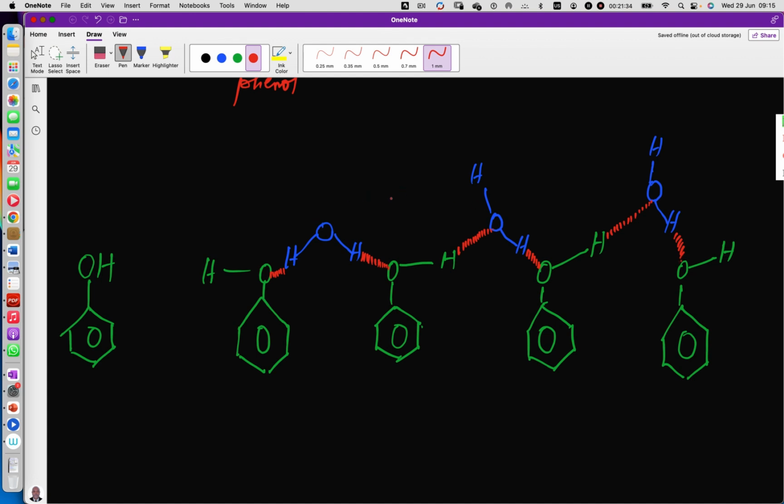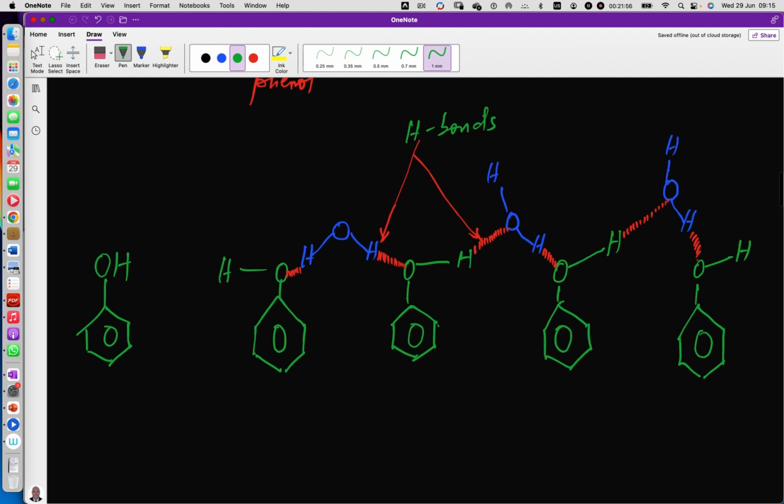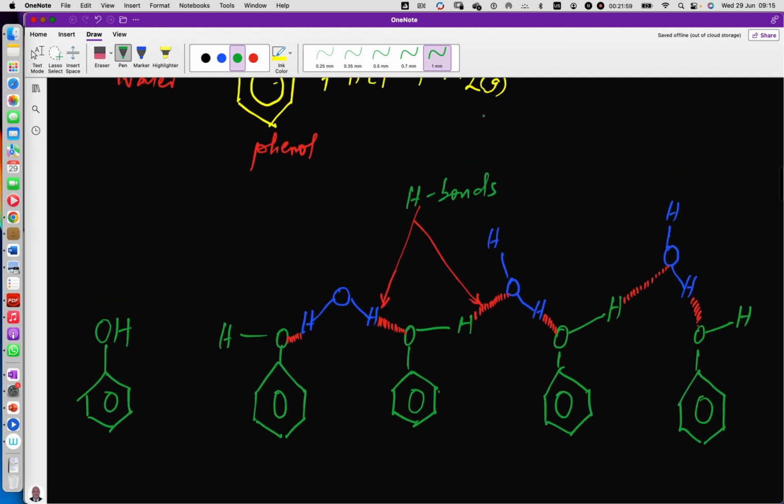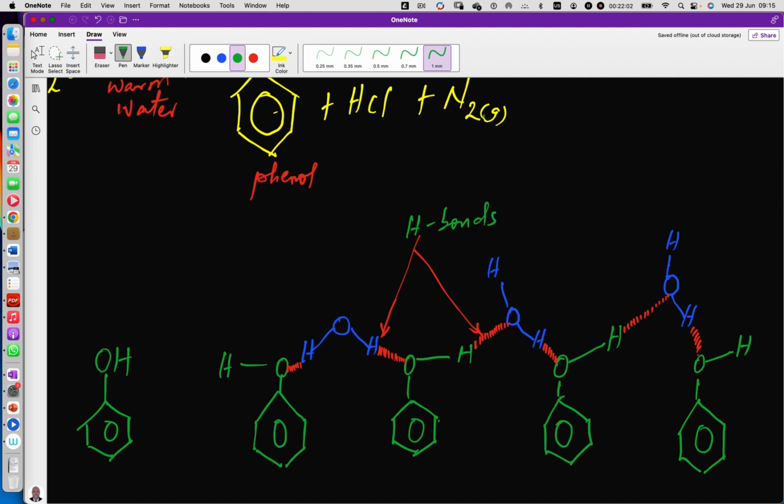So we call these hydrogen bonds, these are all H bonds, formed between water molecules and the oxygen on the phenol. So that is how they can be formed.